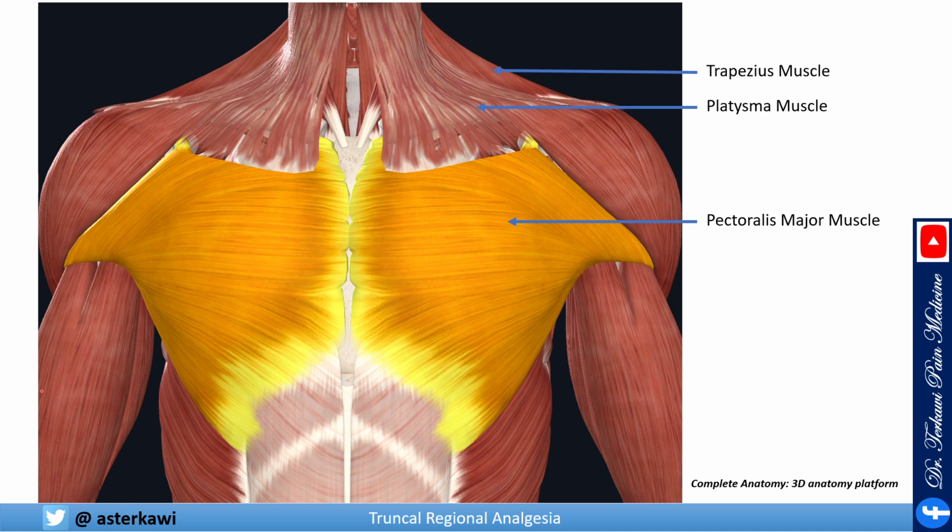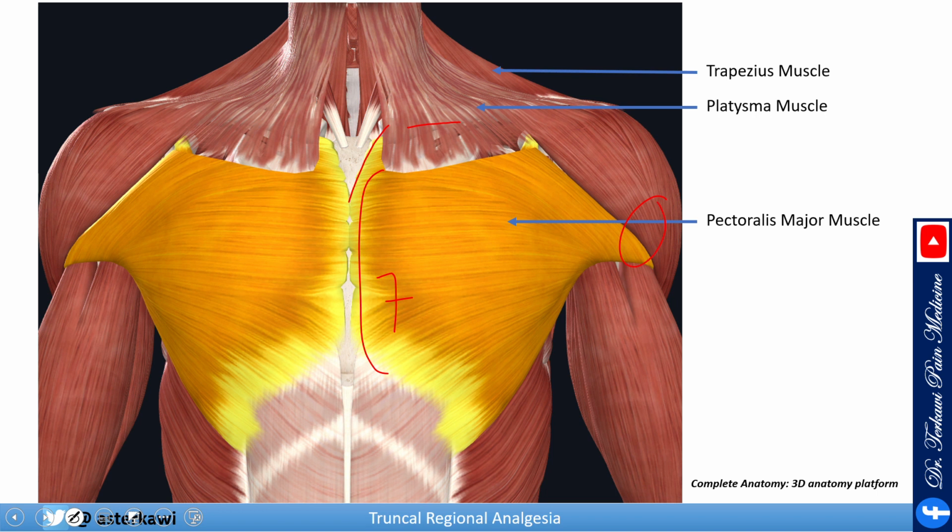The pectoralis major muscle originates from the medial half of the clavicle here, and the anterior surface of the sternum, and the first 7 costal cartilage aponeurosis, and it inserts to the lateral lip of the intertubercular sulcus of the humerus around here. I'll show you another picture.